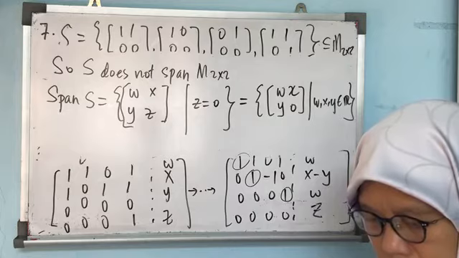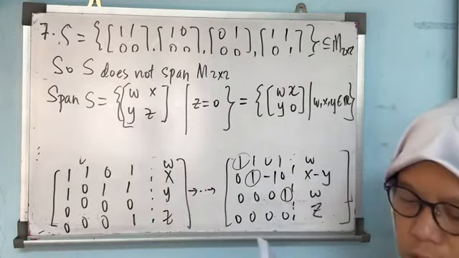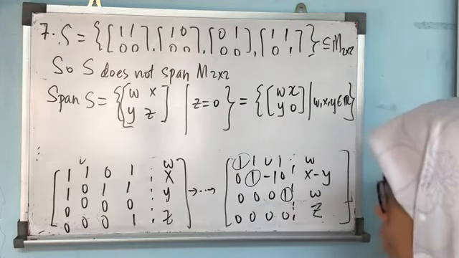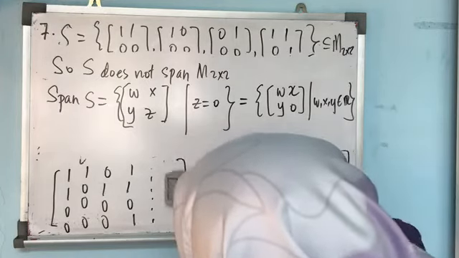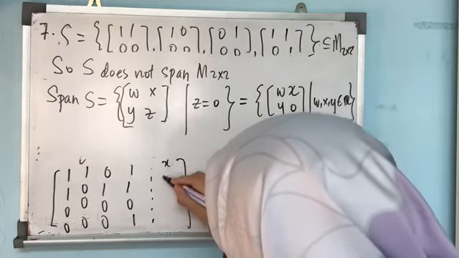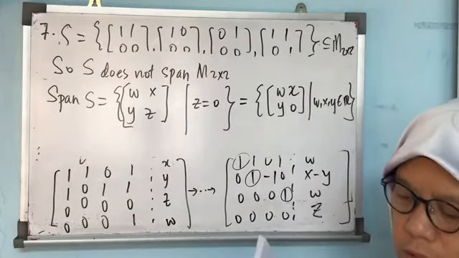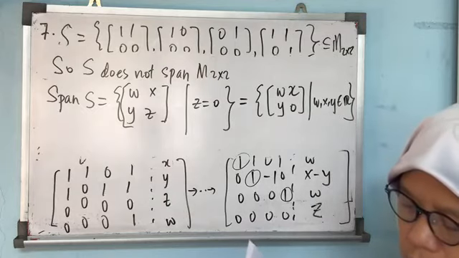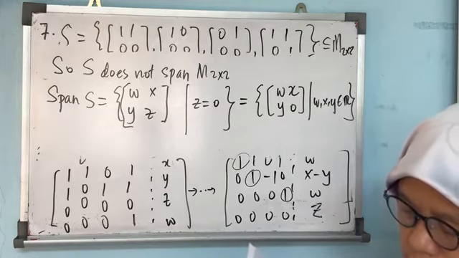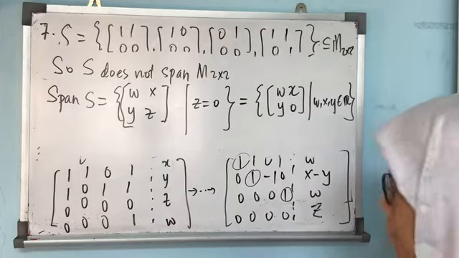Sorry, W, X, Y, Z. Okay, this is wrong. This is X, Y, Z, W. We stay consistent with the book. X, Y, Z, W. So at the end, I changed a little bit, but it's actually very similar.